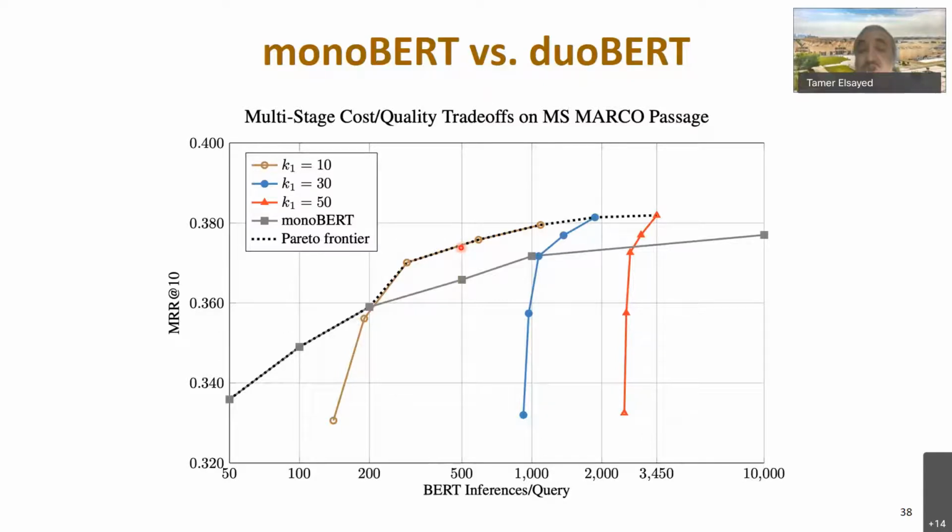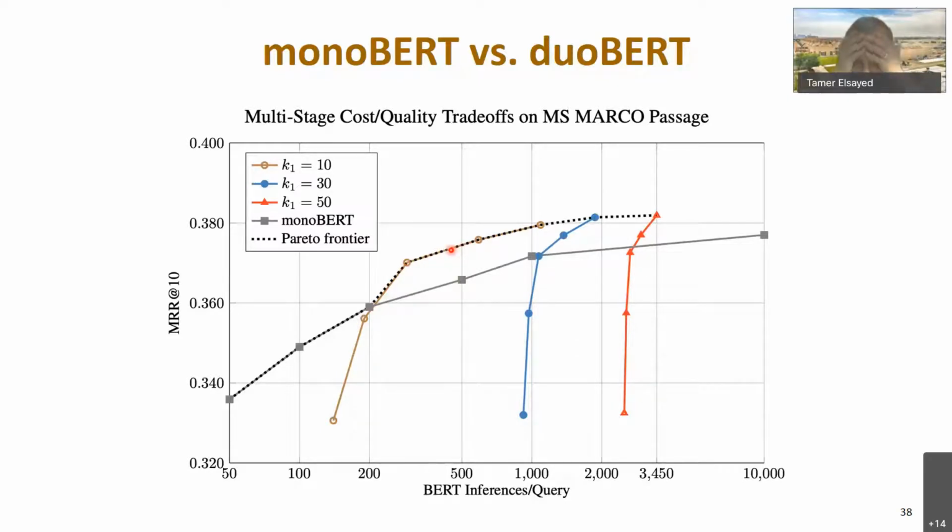Actually it is total 500, but with K1 equal 10. So K1 is 10, and actually the MonoBERT has used even less than 500.